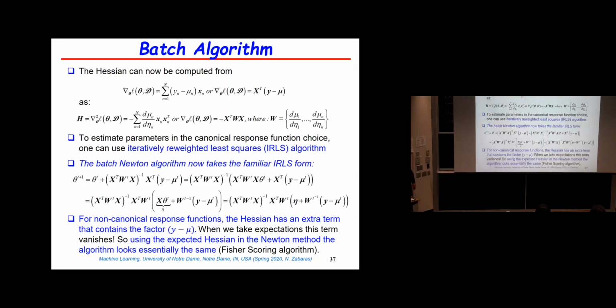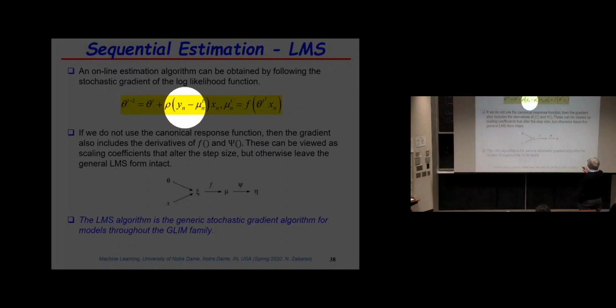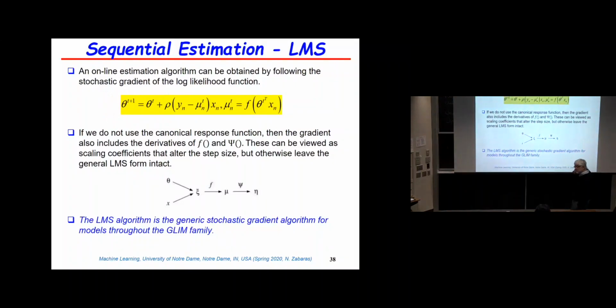And again, because this is important for everybody who is going to work on stochastic optimization and deep learning, when you see an update that looks like this, the error times xn, where the mean is computed through some model, just remember that there is a very good chance that this calculation came directly because the distribution of interest is from the exponential family, okay?